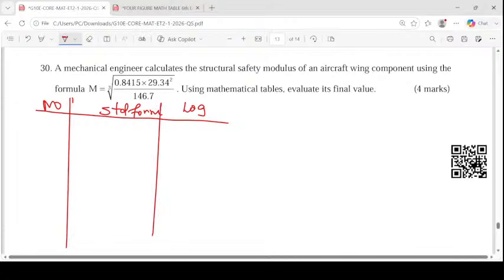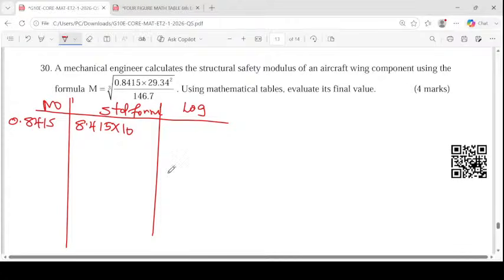The first number here is 0.8415. In standard form, it will be 8.415 times 10 to the power of negative 1.